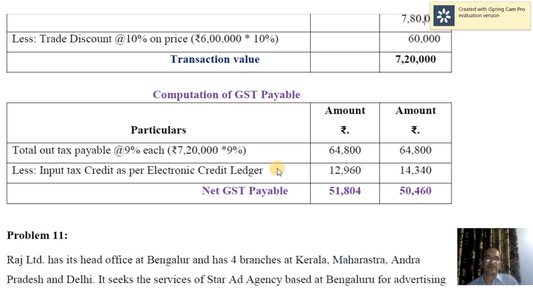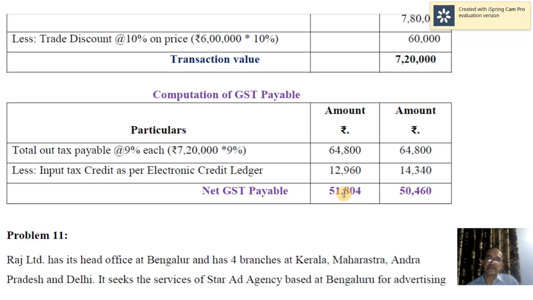Now you have to calculate the taxes here. Total output tax payable at 9% each, that is 18% divided by 2. So 9% on 7,20,000 is 64,800. Here also 64,800. Input tax credit as per electronic credit ledger is 12,960 and 14,340.